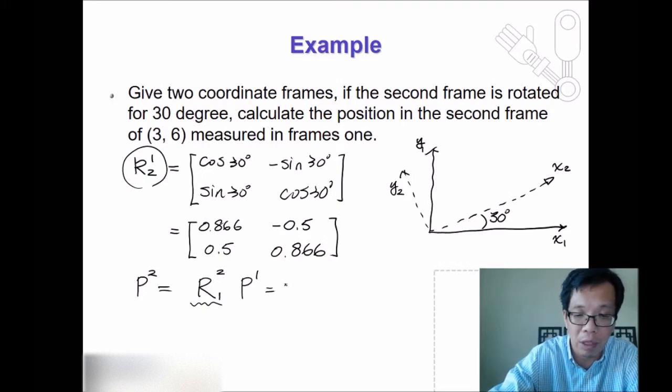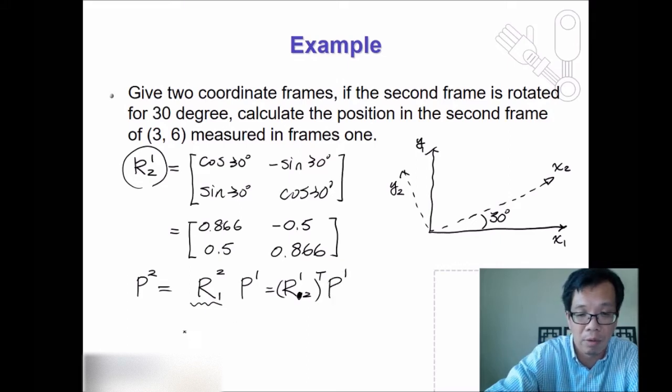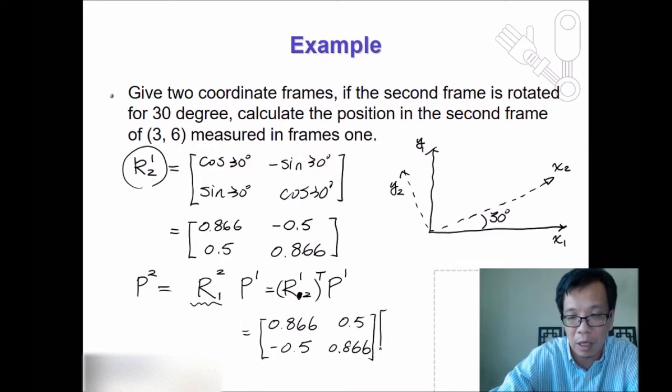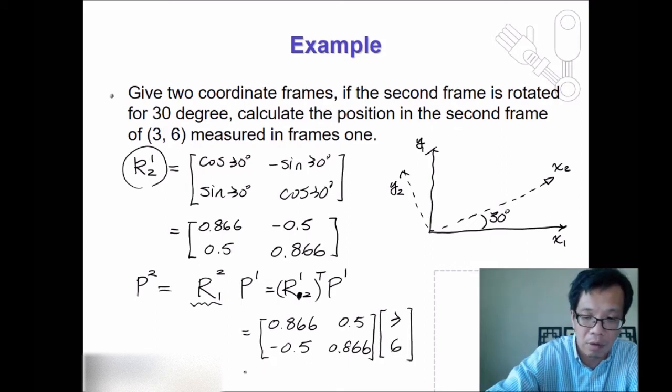So what we can do is just use R2,1. Based on the formula we have in a previous slide, it's just a transpose. And we do P2, which means the transpose of this matrix is going to be 0.866, negative 0.5, 0.5, 0.866. And we are dealing with 3 and 6.